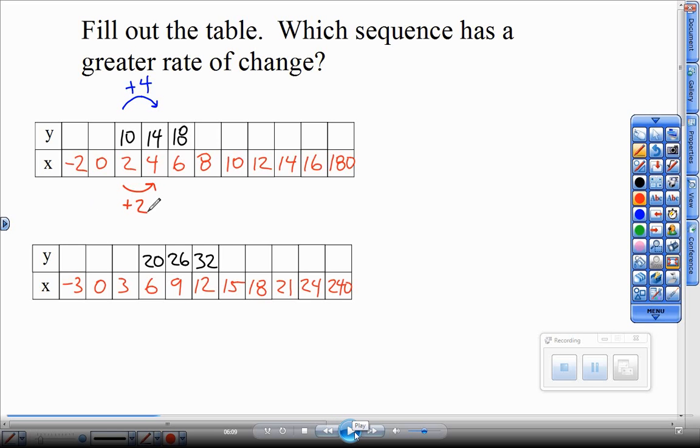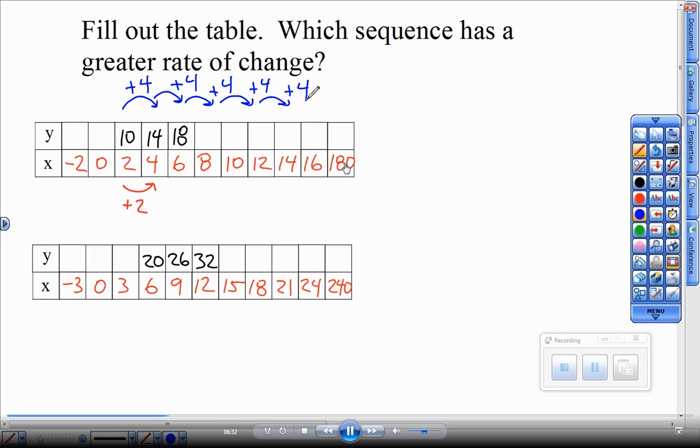Alright, so to determine all the numbers on top, I'm going to continue to just keep adding by 4. So 18 plus 4, that number, which is 22, I'm going to take that and add it to 4. Keep adding 4s all the way, being careful that you look at this last term, which is 180 and not 18.